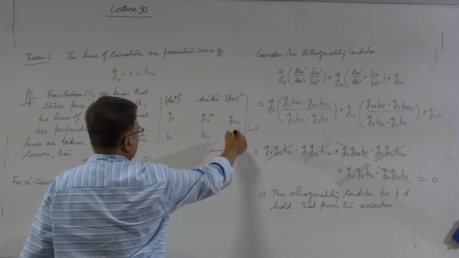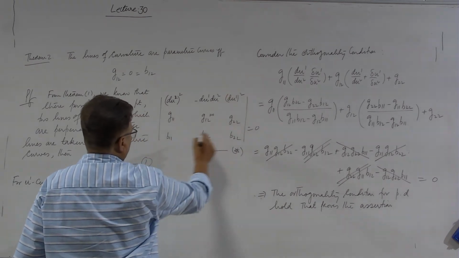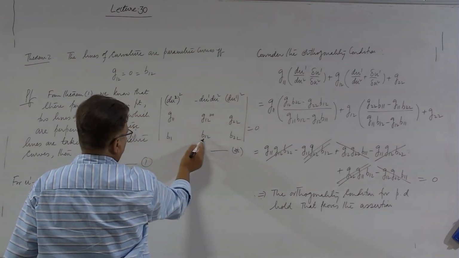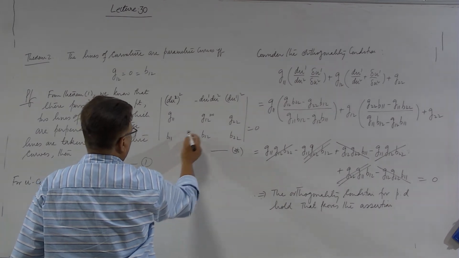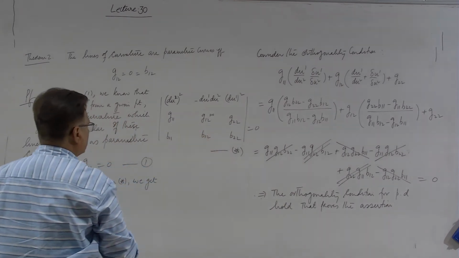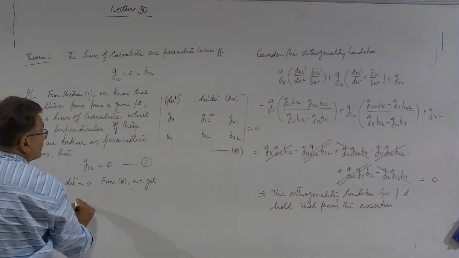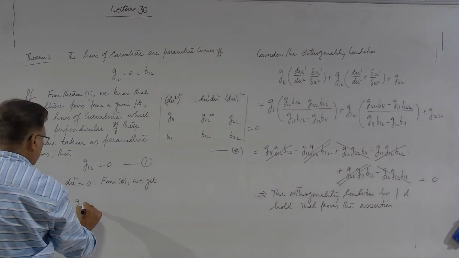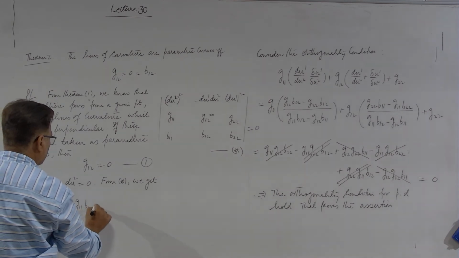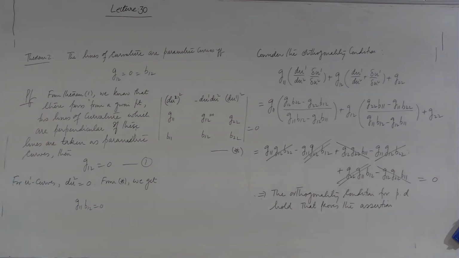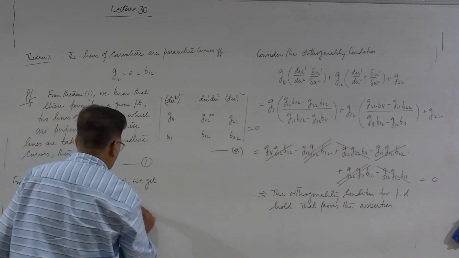So, du1 equal du1 into what? g11 b12 minus b11 g12. So, this will give you g11 into b12 equal to 0. So, g11 into b12 equal to 0. Am I right? This is number 2, sorry.